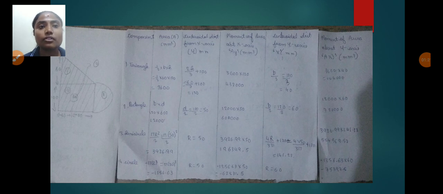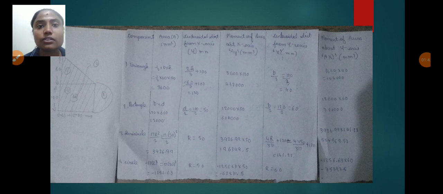Moment of area about x-axis, here we multiply a into y, which is measured in millimeter cube. Centroidal distance from y-axis, which is x, measured in millimeter. Moment of area about y-axis, here we multiply a into x, which is measured in millimeter cube.